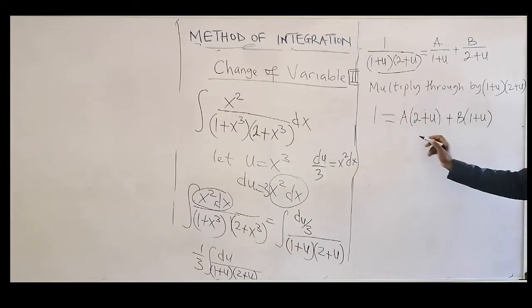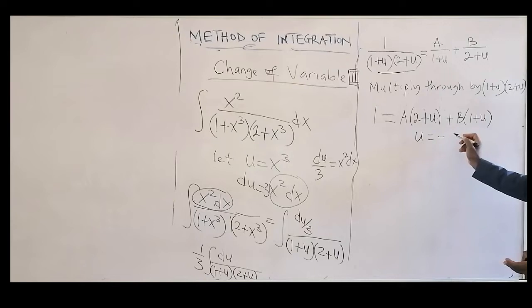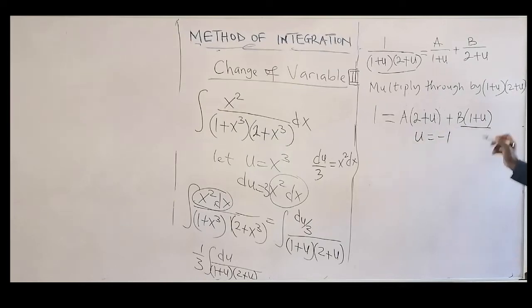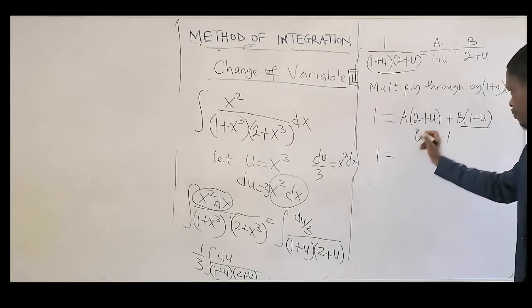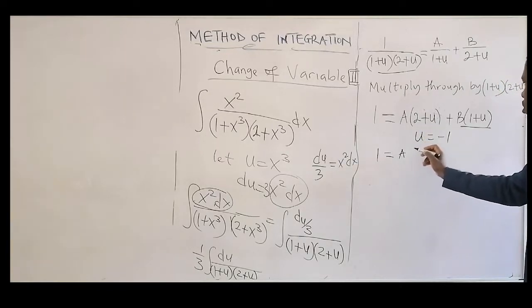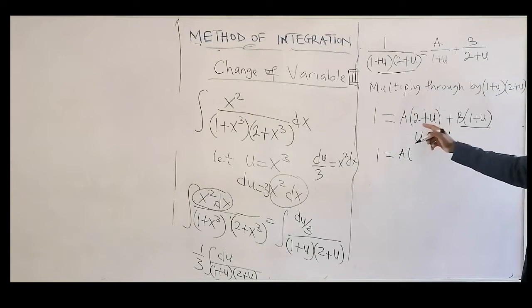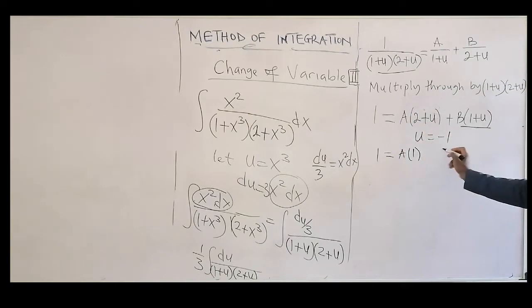Okay, then the next thing to do is to use the elimination method. We can make u equal to minus 1, so that this one can be destroyed, then we can get a. So that will be 1 equal to a into bracket 2 minus 1, that's 1, so a is 1.